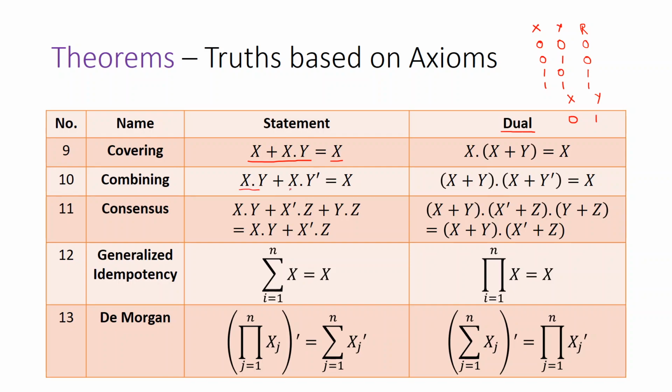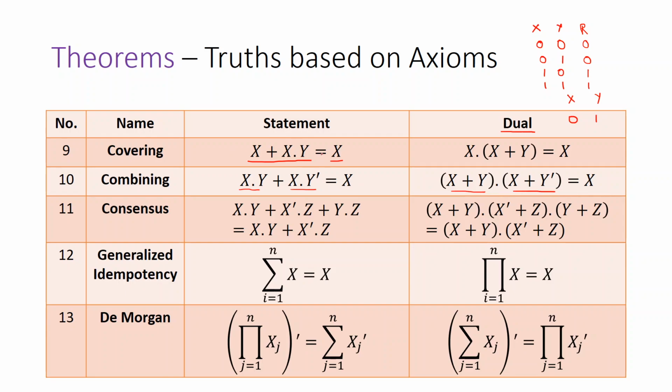So here there are two terms, and here there are two terms, related through some OR and AND operations. In these two terms, if you have a variable which does not change and another which is complemented, then the result is that variable which does not change. So it is like that.